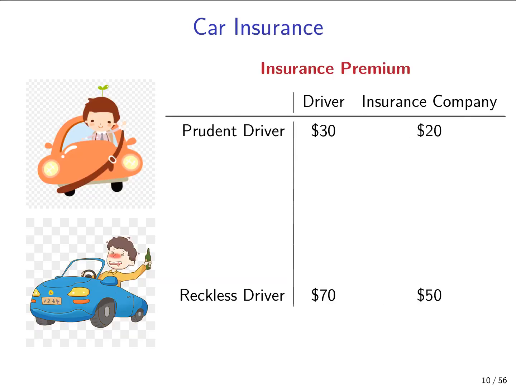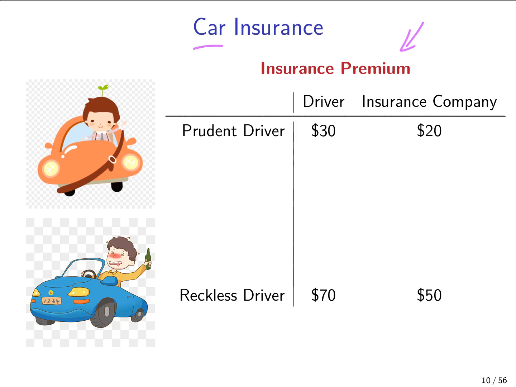So I'll give you some examples. Here we can think about the insurance market, and in particular the car insurance market. Right? So a driver will pay an insurance premium, which is the annual or monthly fee they pay to the car insurance company in exchange for insurance. So if there's an accident, a loss, a damage, the insurance company will pay out to compensate the driver.